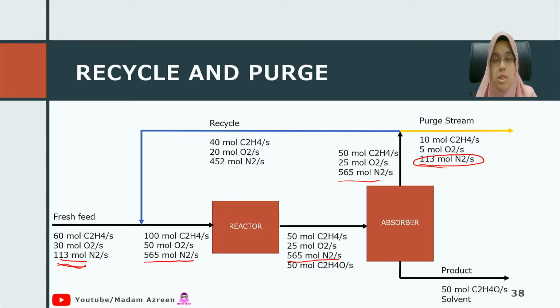You need to purge this nitrogen from the system. If not, the amount of nitrogen will keep on accumulating, and it is not good because it will disturb the composition and the balance of this system.